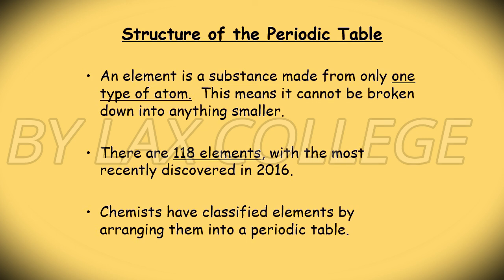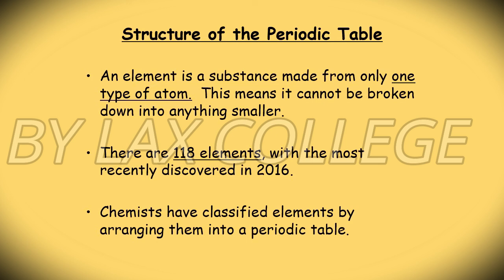Like if you rip up a piece of paper, each piece of paper is just a smaller piece of paper. That's exactly what elements are. There are so far 118 elements, and the most recent of these was discovered in 2016, so quite recently.